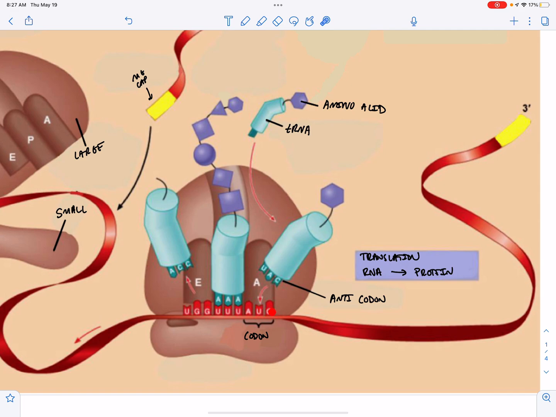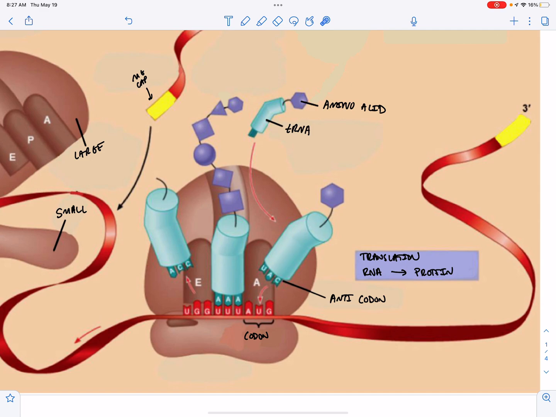If this is an AUG here, it means that the anticodon must be UAC. And a tRNA with the anticodon of UAC is always bringing a specific amino acid, which is actually a methionine, to the party. So every set of 3 nucleotides in the mRNA is a codon, which binds to a specific anticodon in the tRNA, which is bringing a specific amino acid to the party.